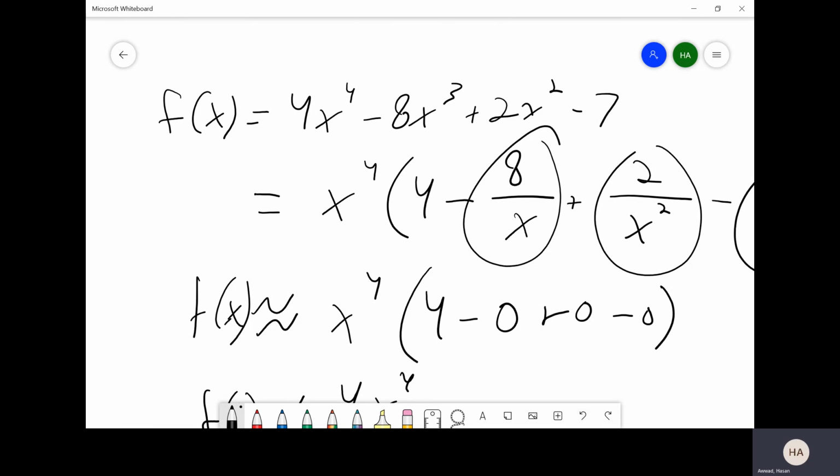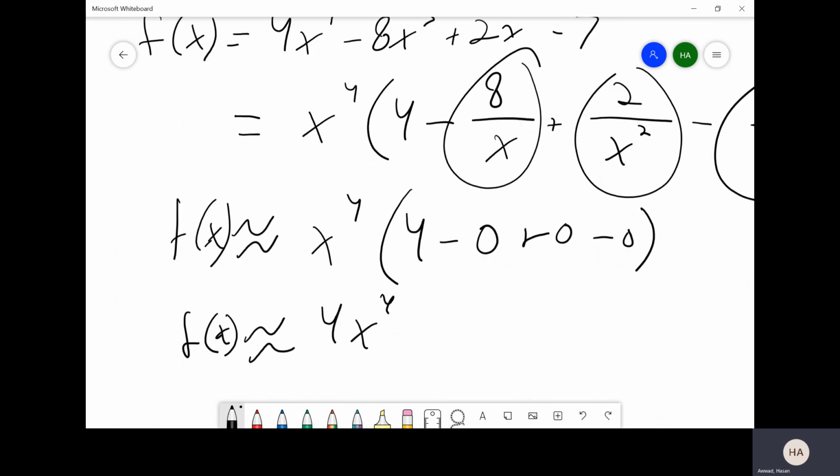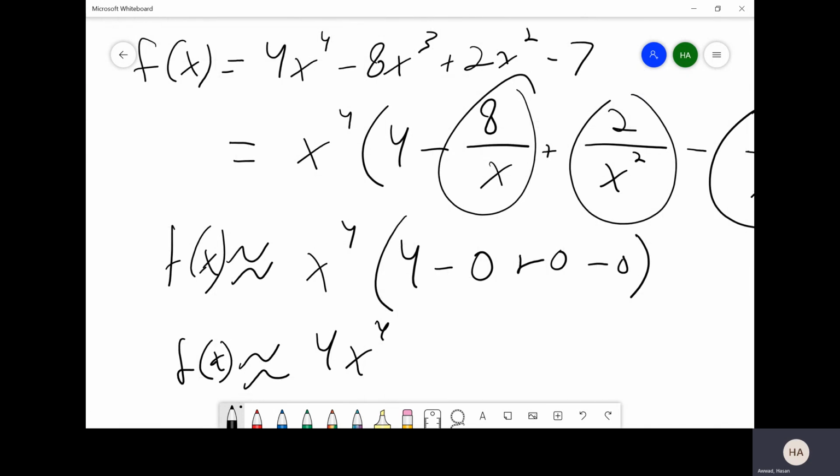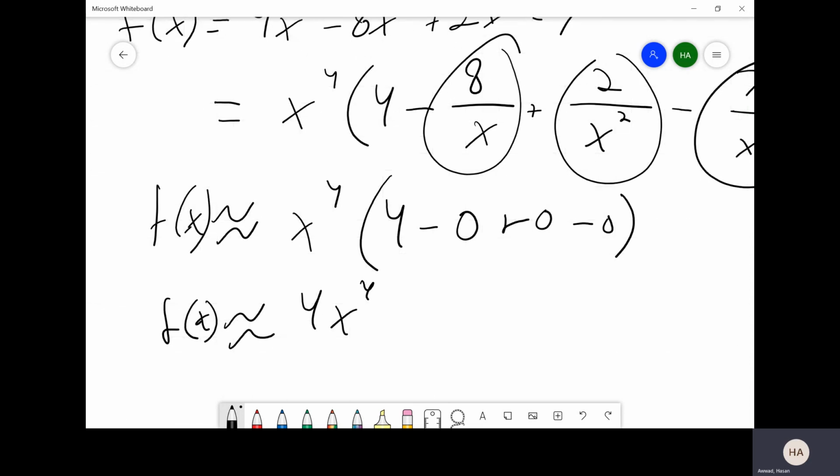So in this case, our leading term is 4x to the fourth, and our leading coefficient is just the 4, right? Notice how all the other terms drop out, and as x gets very large, f of x is approximately just the highest term. Essentially, all the other terms drop out and only the highest term tends to matter.